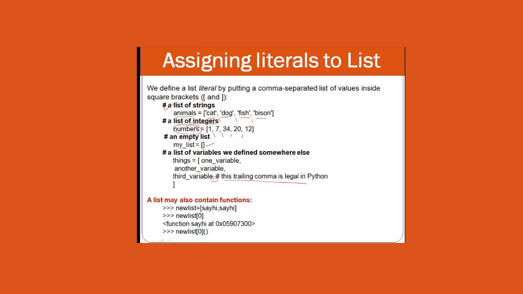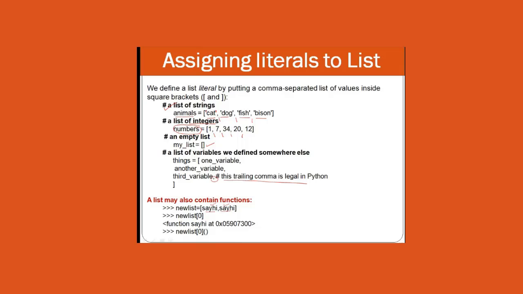A list may also contain functions. This is also an important feature of lists: if you are declaring some function, you just mention the function over here. You have not put any quotes around say hi, because this is a function.